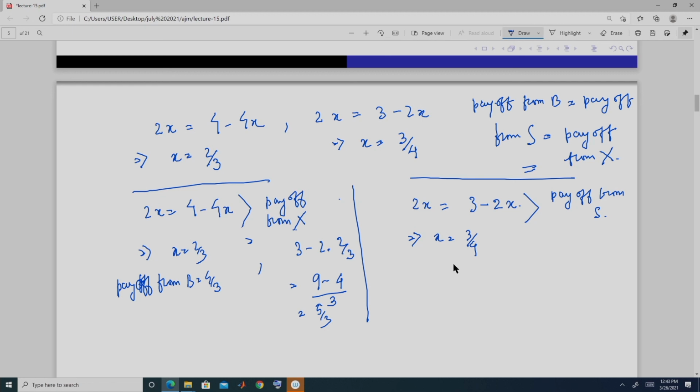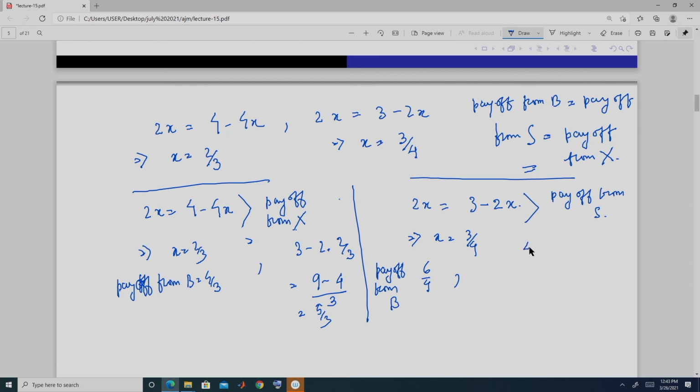So, if we plug in here this to the A, it will be 6/4 payoff from B, but what is going to be the payoff from S?